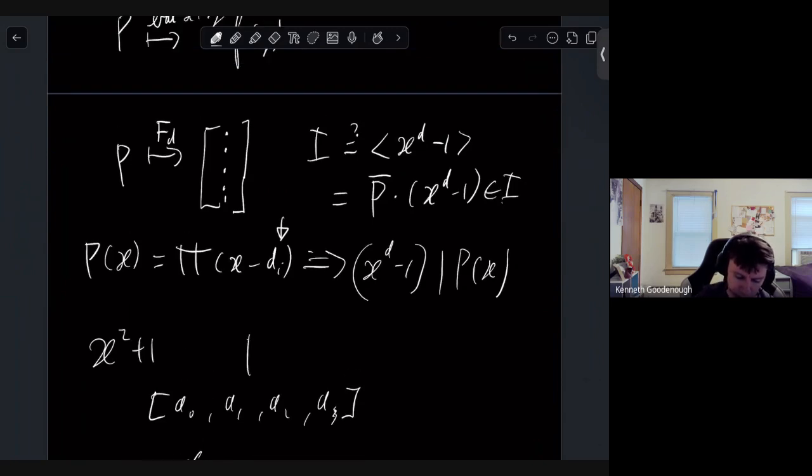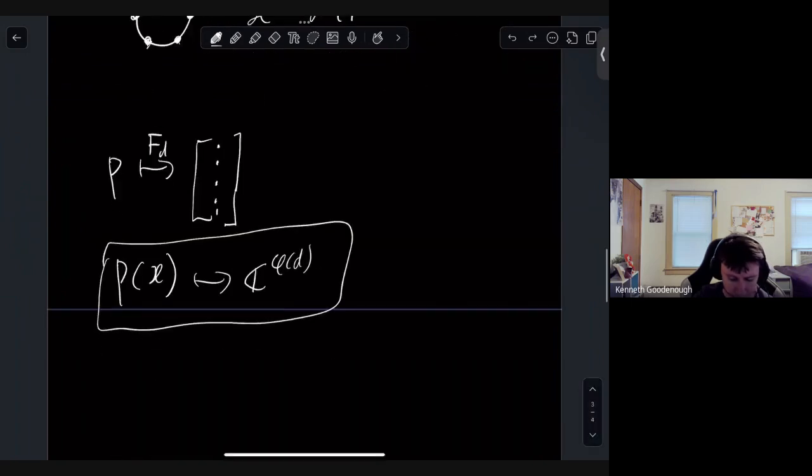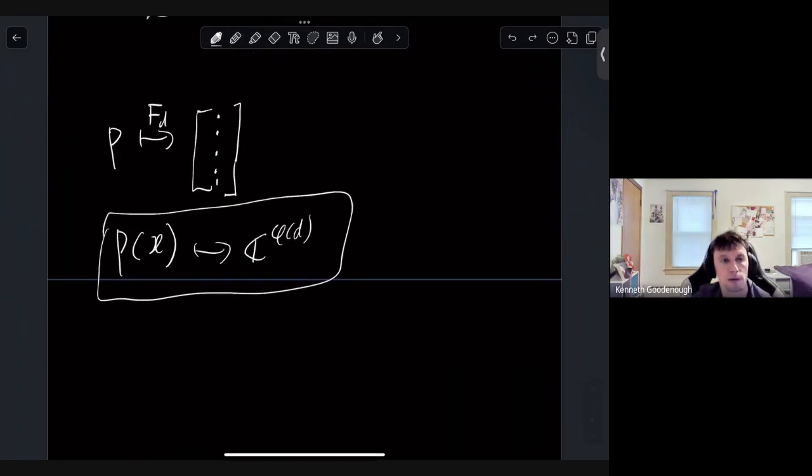If we take all our polynomials and quotient out the ideal, I always forget which direction the slash goes, but let's think it's this direction. So what do I then get? All right, I think for now this is just a good place to stop.